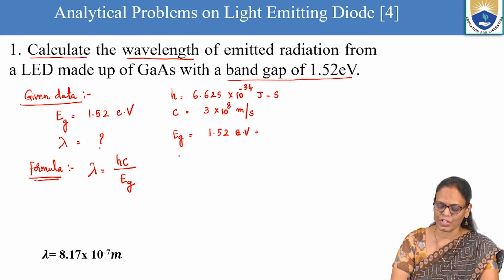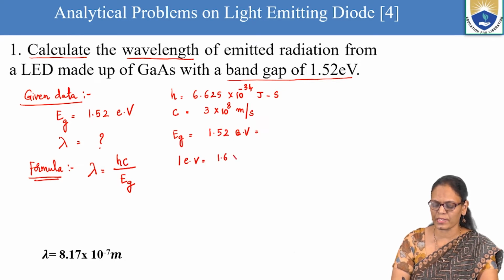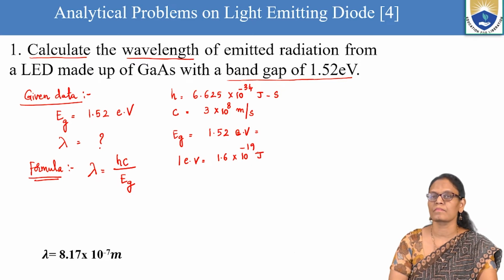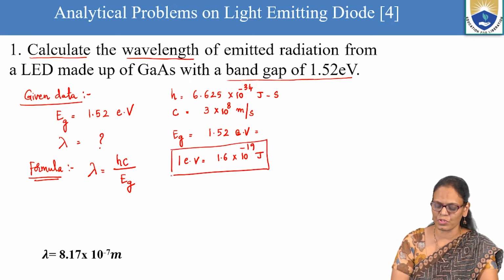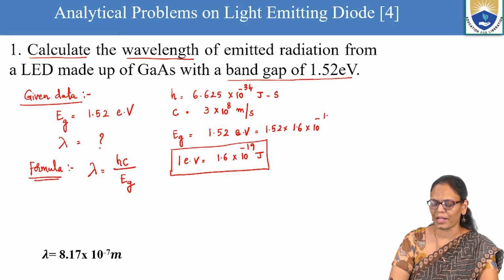So what is the conversion? 1 electron volt is equal to 1.6 into 10 power minus 19 joules. This is the conversion from electron volt to joules. So now Eg will be equal to 1.52 into 1.6 into 10 power minus 19.